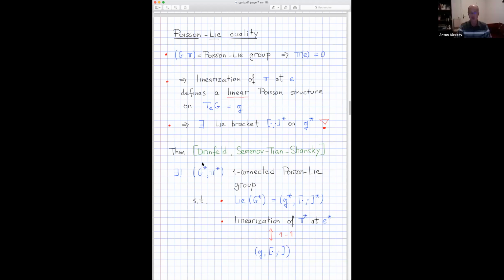Now there is the following theorem due to Drinfeld and Semenov-Tian-Shansky. Again, I somewhat took the liberty to assign it to them. I think they did prove it, but I don't know whether they would agree on the wording.